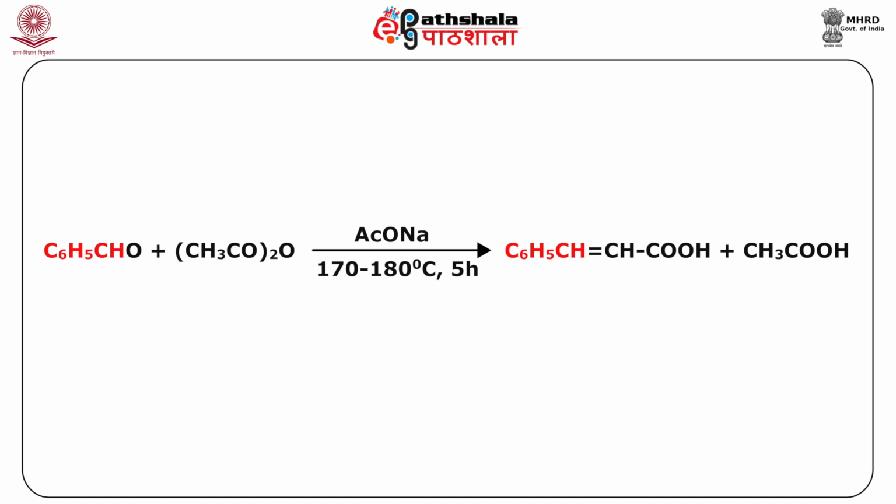But the base used here is not NaOH, it is the sodium salt of the same acid from which the anhydride has been prepared, and we will see the reason why this particular salt is used as a base. As you can see in this reaction, benzaldehyde reacts with acetic anhydride as an example, and sodium acetate is used as the appropriate base.